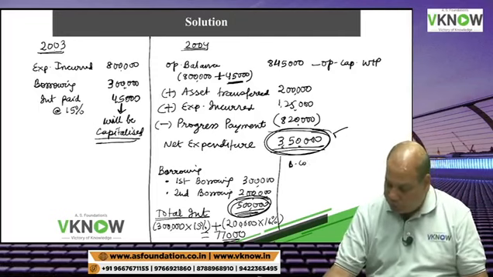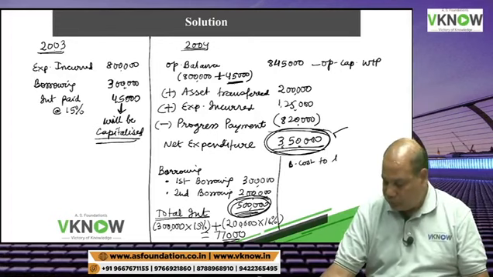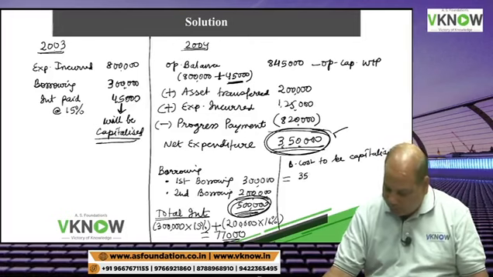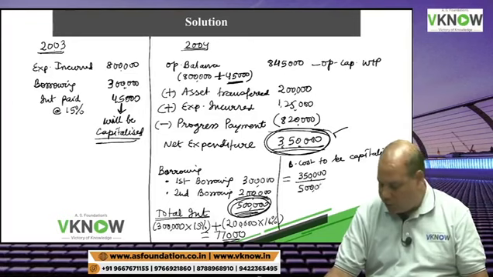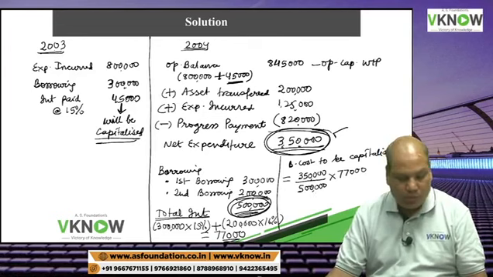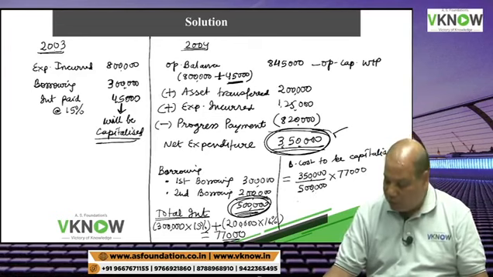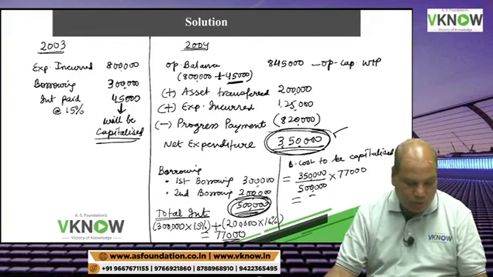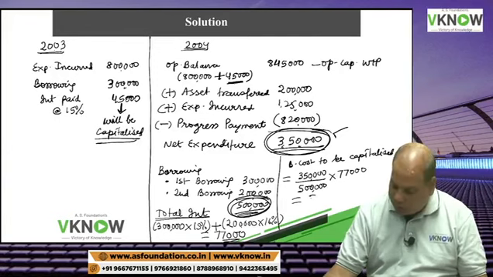Therefore, borrowing cost to be capitalized will be 3,50,000 divided by 5 lakh into 77,000, the proportionate amount. The borrowing cost I will capitalize comes to 53,900. Check the answer.